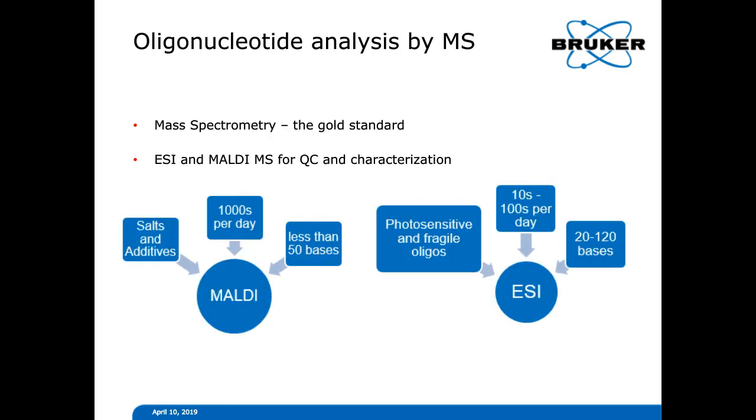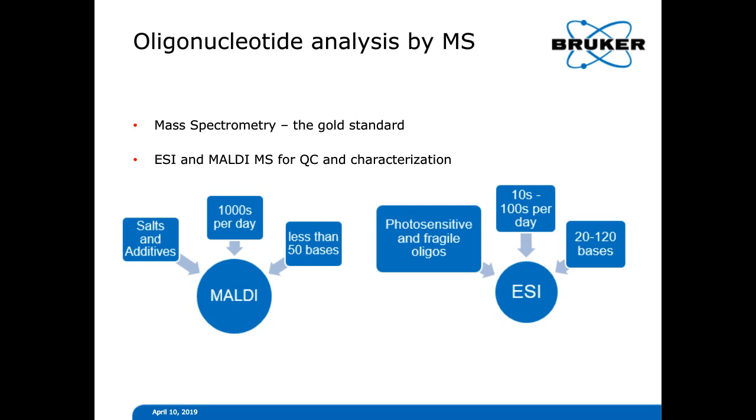Mass spectrometry is the gold standard for oligonucleotide QC and characterization. ESI, or electrospray ionization, and MALDI both have their strengths and limitations for oligonucleotide analysis. The figure on the left shows that MALDI is well suited to high throughput analysis with thousands of samples per day. It is also tolerant of samples with high amounts of salts or additives, and best results are obtained with oligonucleotides less than 50 bases.